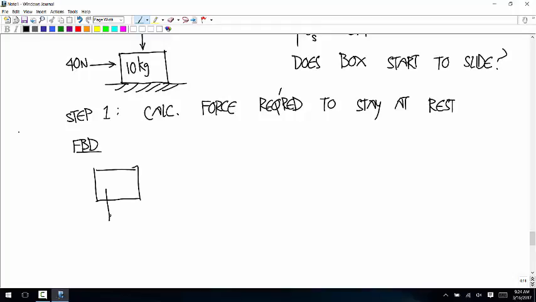We have the weight of 98.1. We have the force of 40 newtons, the downward force of 20 newtons, the normal force, that pushing contact. And if this is going to keep from sliding, we know that the friction force has to be acting this way to counteract that 40. So I'll call that force of friction.